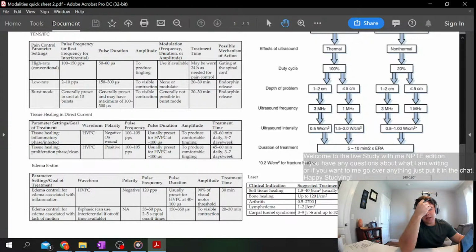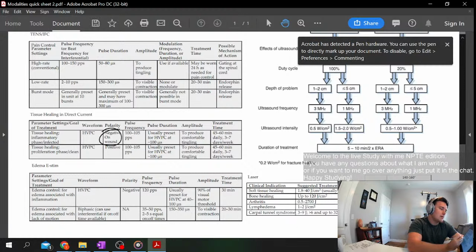And so the skin is acidotic and the wound bed is alkalotic. So whenever you're looking at a wound, you're going to give it the negative lead on the wound bed here, and you're always going to use direct current.